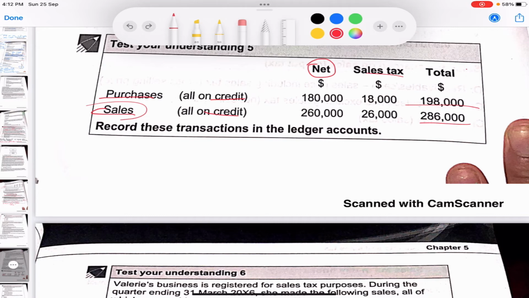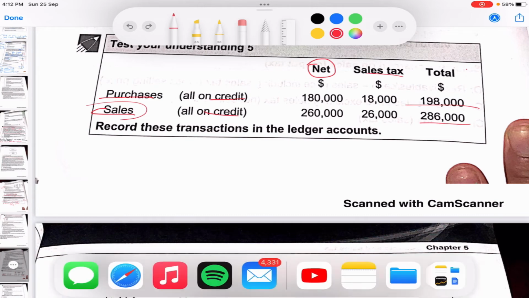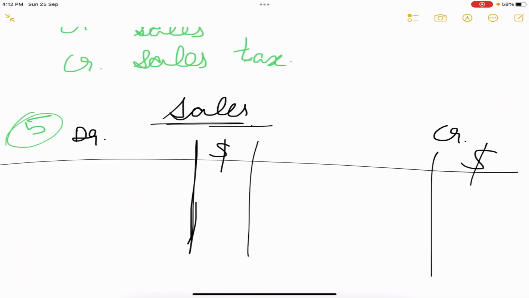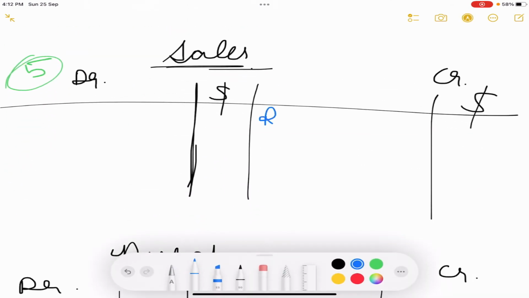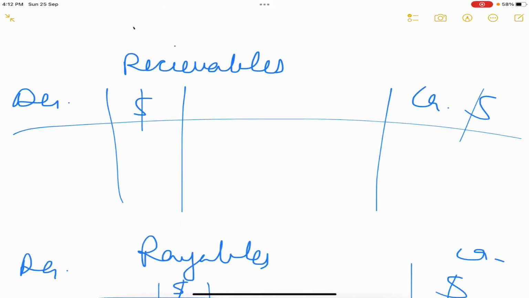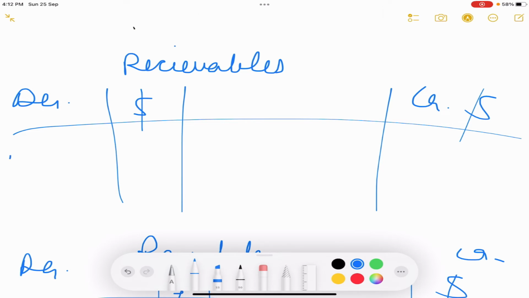So we are going to exclude the sales tax in all our books. In our books we always note the net value and not the gross value. Okay, so now let's go to the sales account and we will be having receivables here of 260,000, and the same way we have in the receivables, sales tax.